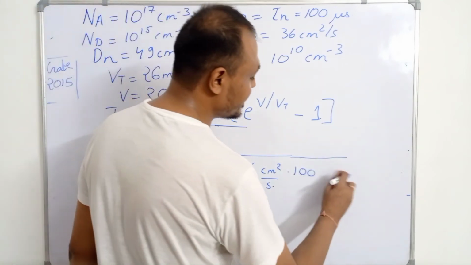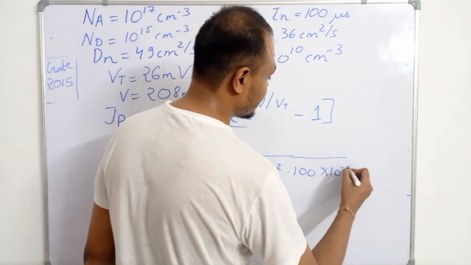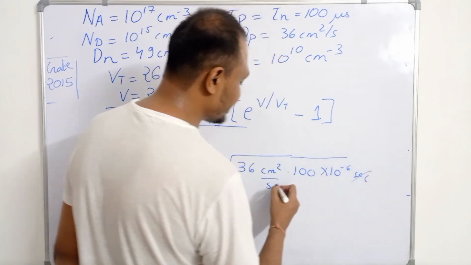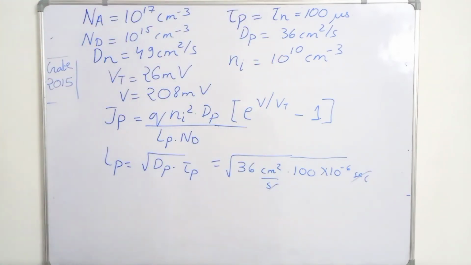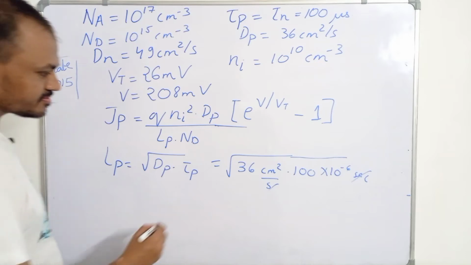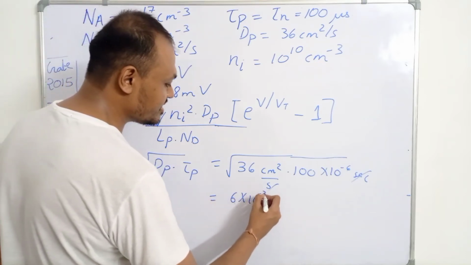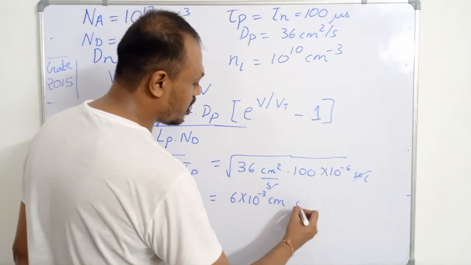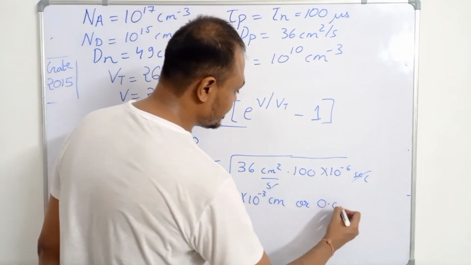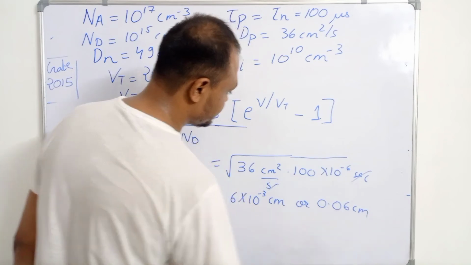So I am writing it as 100 into 10 to power minus 6 second. So second and second will get cancelled. So this will be equal to 6 into 10 to power minus 3 centimeter, or 0.06 centimeter.